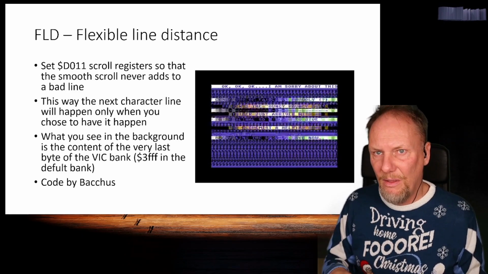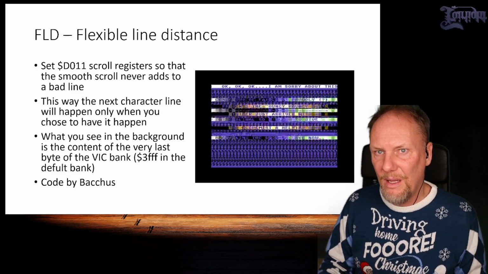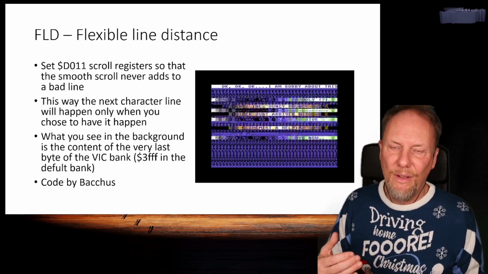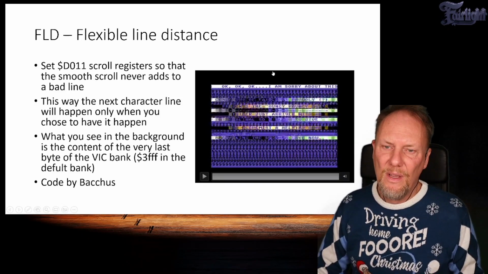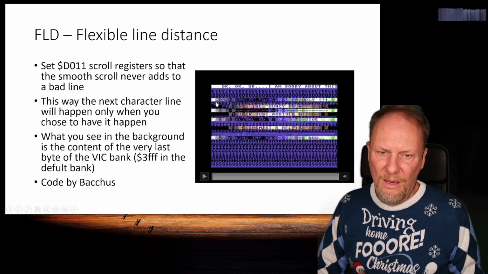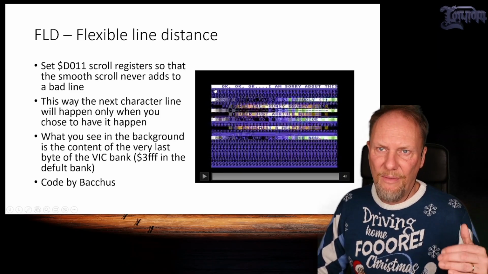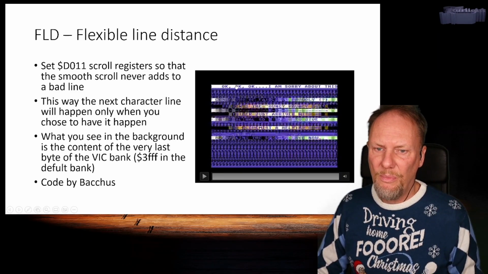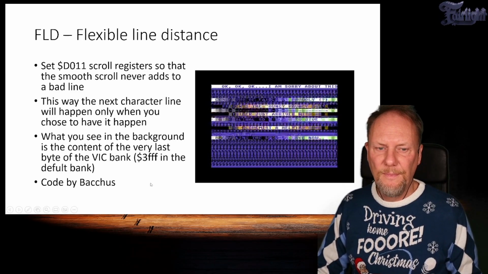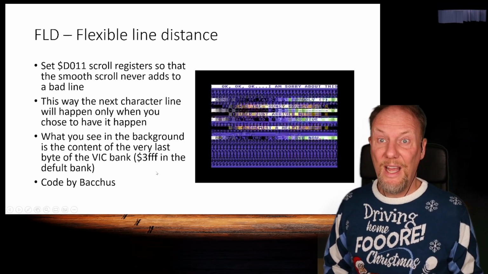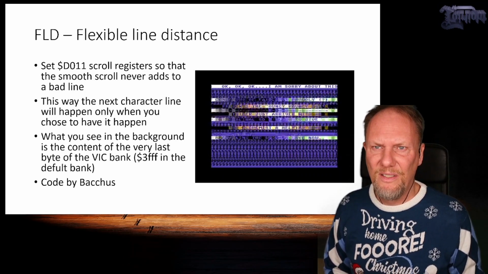But if you pick another bank, it would be the last of that bank. So it's not always 3FFF, it's 3FFF if you're using bank 0. By updating 3FFF on every row, you can print graphics in the background like I did here. And that was actually my code, and this is also from Digesta, I think.